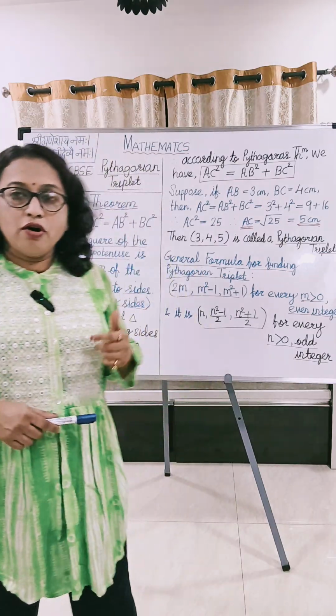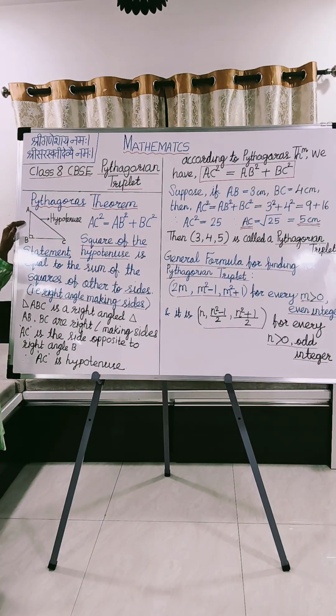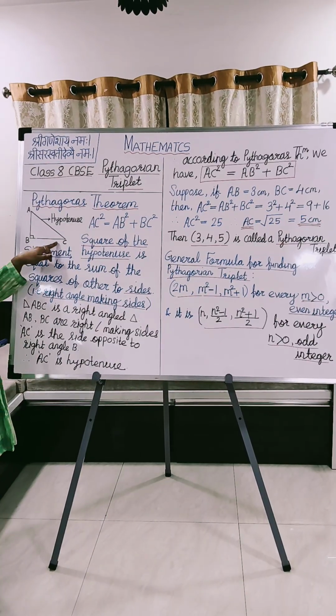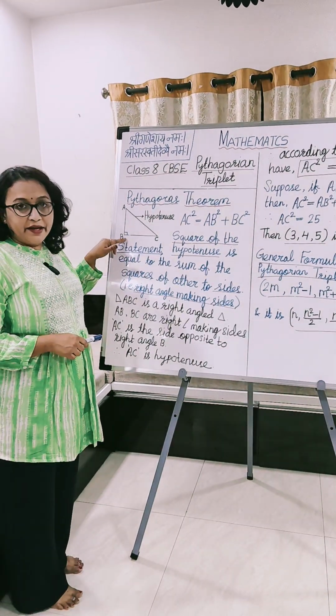So for that purpose, let's consider the right angle triangle ABC, in which angle B is your right angle.